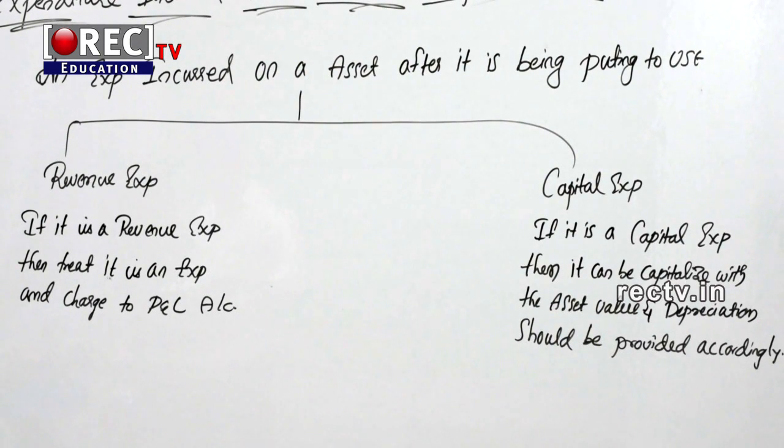First, let us look at a small note, that is, expenditure incurred on an existing capital asset for improving the economic life or improving the earning capacity beyond the previously assessed one, and such benefit is more than one accounting year. Such expenditure can be capitalized with the asset.